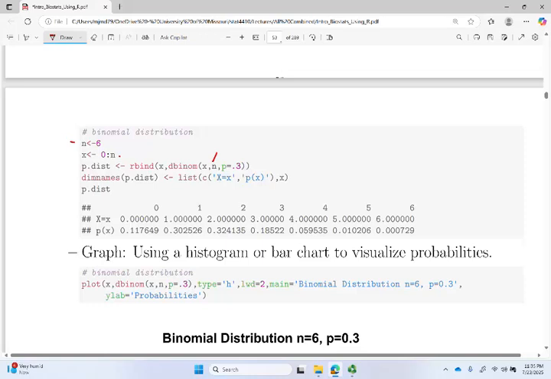We're going to row bind the values of x and then the density values associated with them, which are probabilities. We're going to put that in p.dist, which stands for probability distribution. We're going to name the dimensions of it, and then we're going to print it. And it creates this table here.